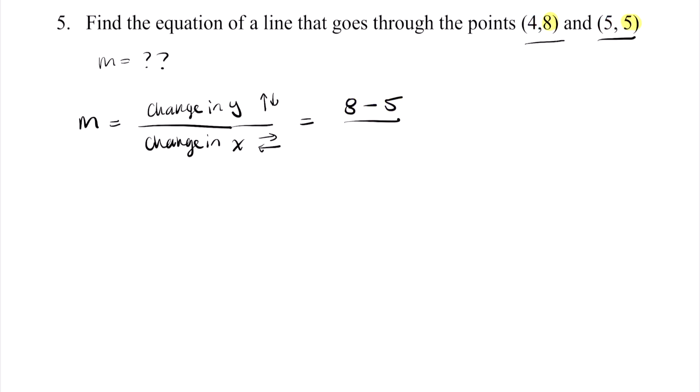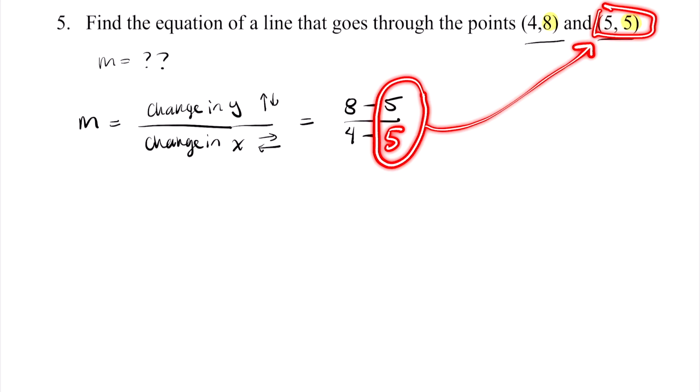More importantly, however, I want to make sure I keep these points lined up. So the 4 corresponds to the y value of 8. So the 4 must go under the 8. And then a minus sign. Now the x value of 5 corresponds to the y value of 5. So I have to make sure to write the 5 here. So this matches my ordered pair. And this here matches this ordered pair.